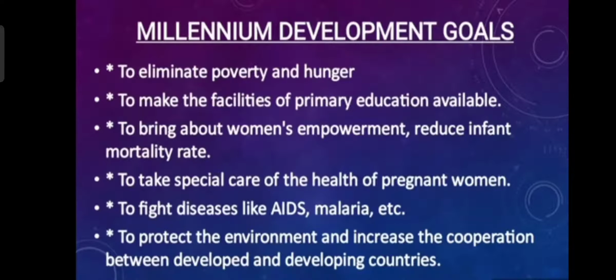Some of the important goals are as follows: to eliminate poverty and hunger, to make the facilities of primary education available, to bring about women's empowerment, reduce infant mortality rate, to take special care of the health of pregnant women, to fight against diseases like AIDS, malaria, etc., to protect the environment and increase the cooperation between developed and developing countries.